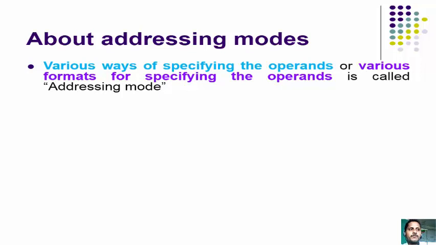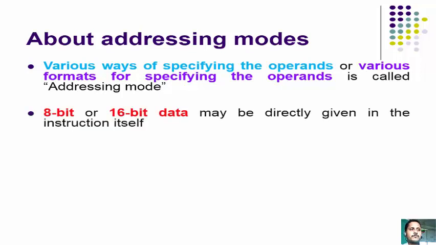So the various formats for specifying the operands are called the addressing modes. 8-bit or 16-bit data may be directly given in the instruction, or in other words, 8-bit or 16-bit immediate data can be a part of the instruction, that is, in the operand.